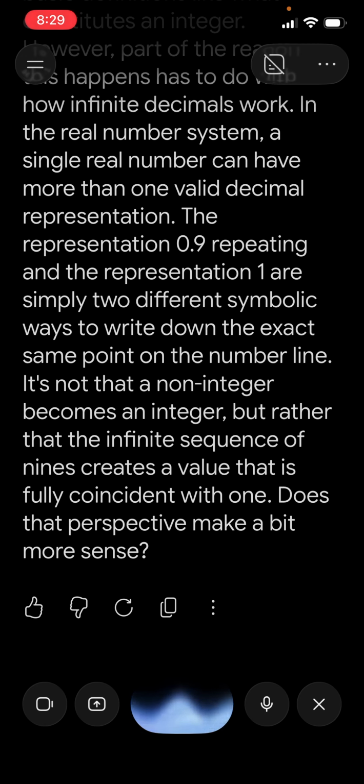Yeah, and then at the end you said that it has nothing to do with a non-integer becoming an integer. Becoming, from my perception, is the same as equal to. So did that sum it up for you?